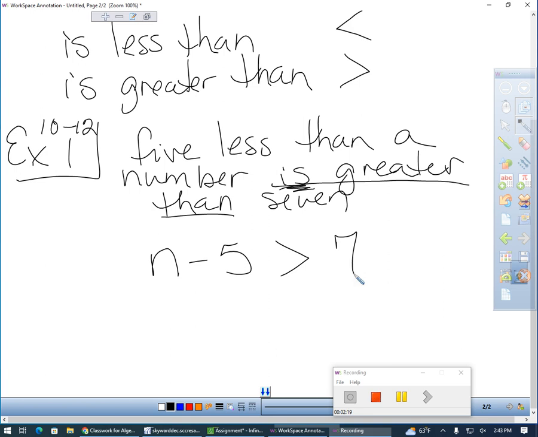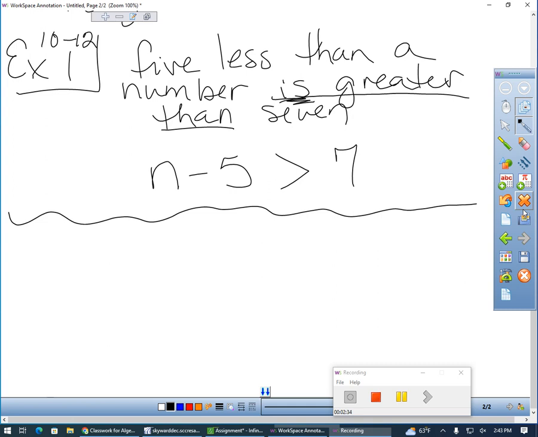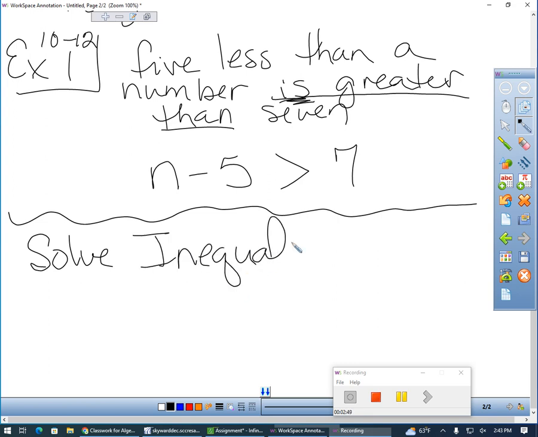Any questions on how to write that stuff? Okay. All right, next thing I want to talk about. Does anybody have a question on how to solve an inequality? Okay, so when we solve, there's one special rule that's different from an equation. What rule is there that's special?